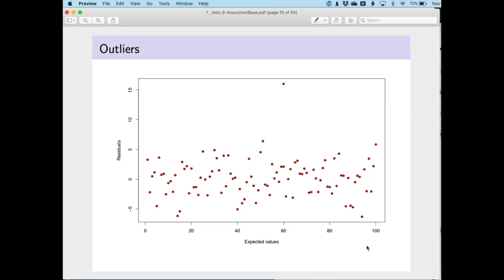So first problem, outliers. And we spot them as isolated data. The outliers must be just a few. We cannot have 6, 7 outliers. That's impossible. It means that there is something wrong with the experiment. So if we have a lot of outliers, we should maybe throw the data set away.